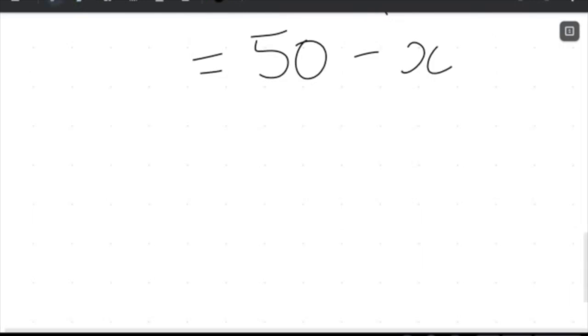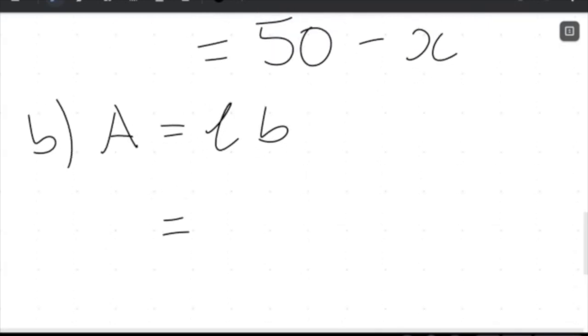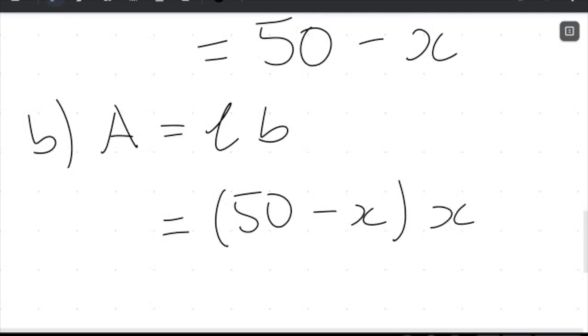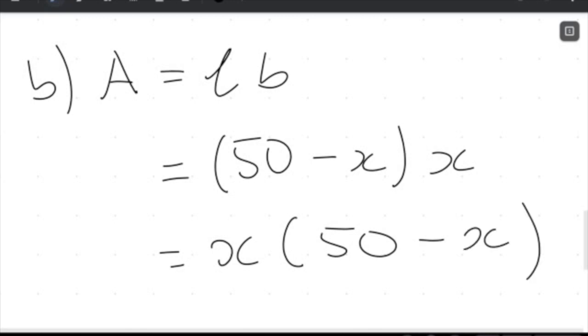So for part B, we have that area equals length times breadth. I have an expression of 50 minus X as my length, and I have a breadth of X here. So that is my expression for my area. Let's just write this a little nicer: X outside of 50 minus X. That is my expression for my area.